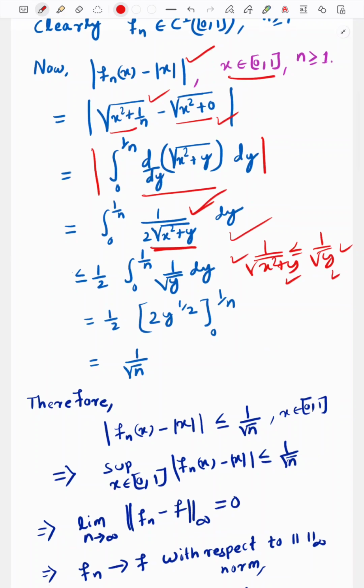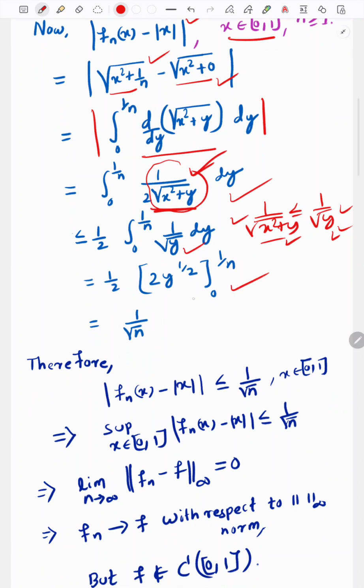So this quantity is dominated by this, so in place of this we put 1 over the square root of y. After integration we will get this expression, and after simplification we will get 1 over the square root of n.